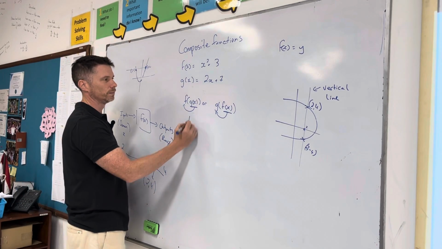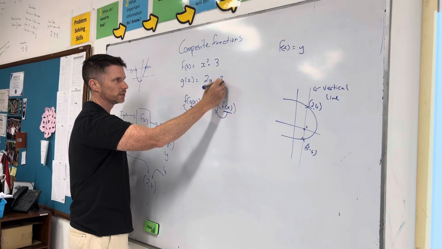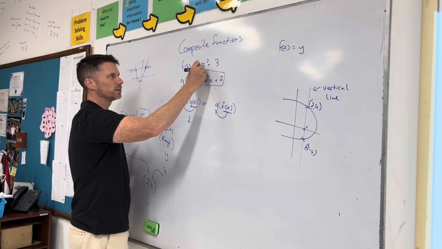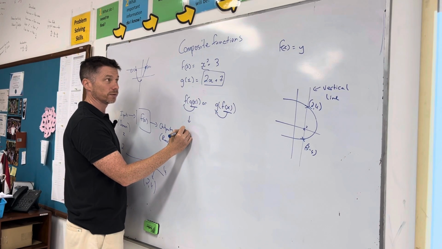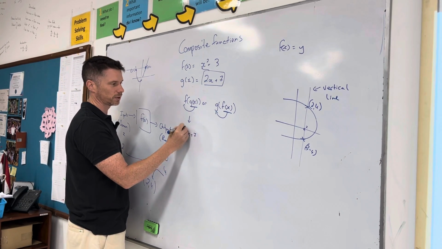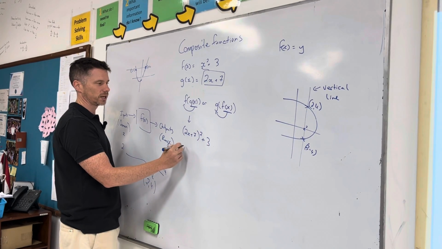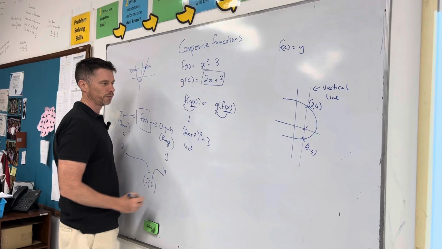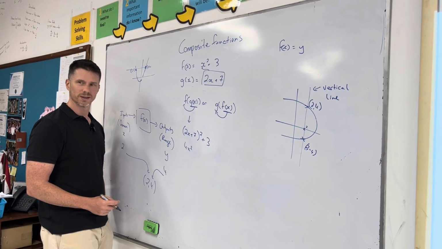So this one, the g(x) function, this is the function, and it gets subbed into this x. So I end up with, instead of x squared, (2x plus 7) squared plus 3. And I can square this out again, knowing my quadratics. 4x squared, what's the middle term going to be? 28x.